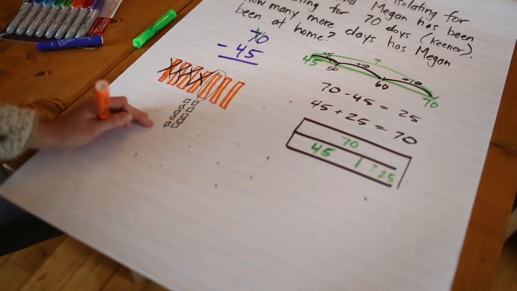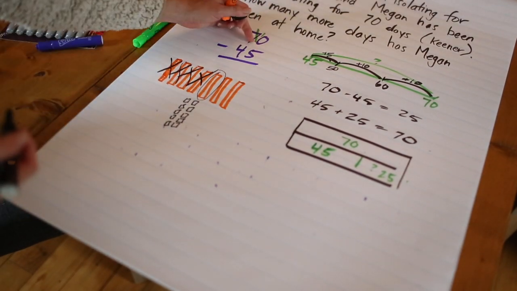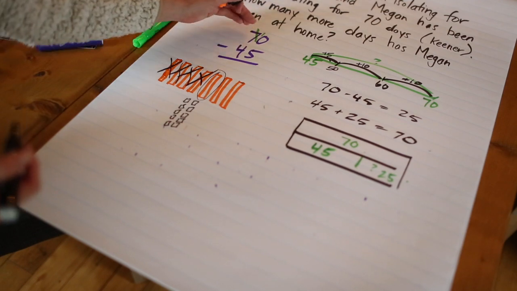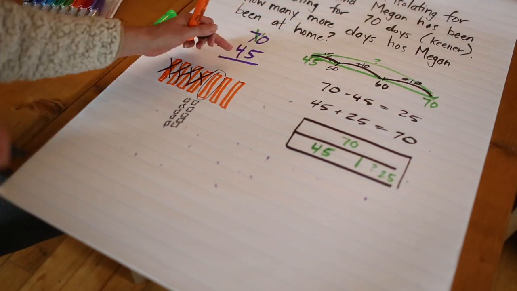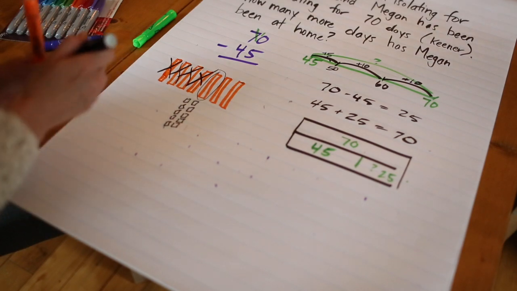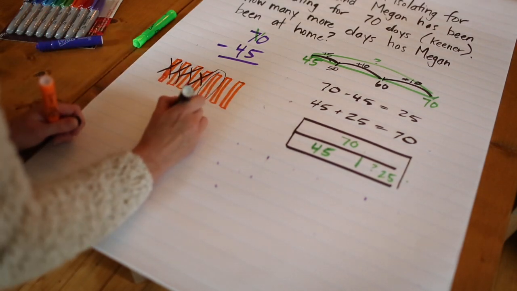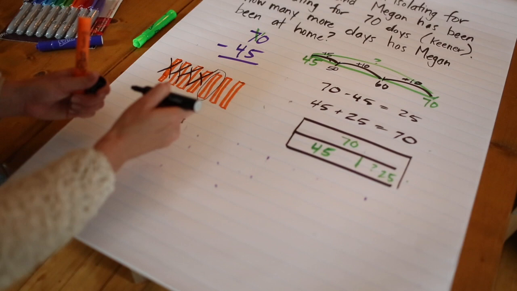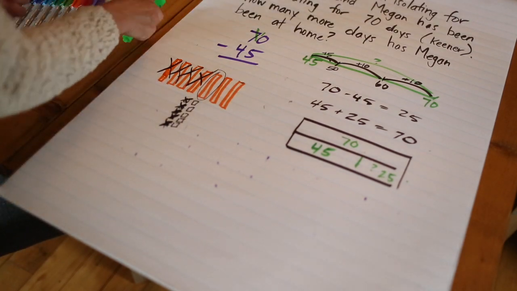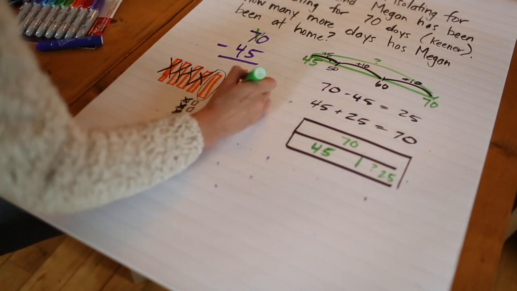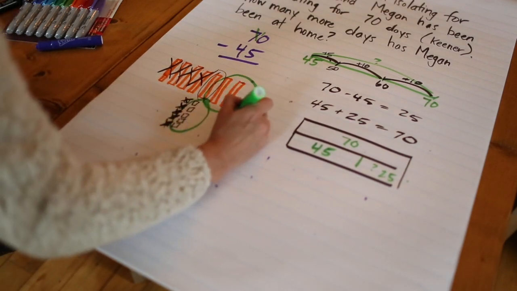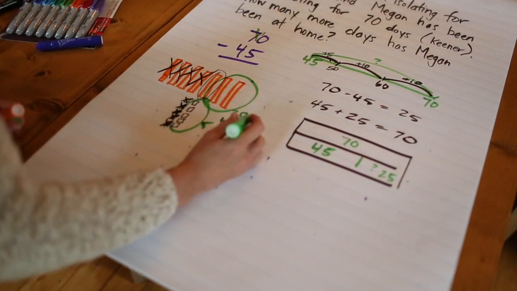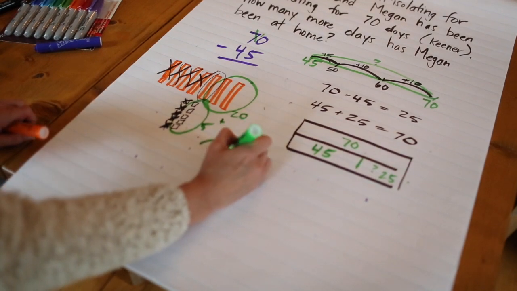Now that it's broken apart into 10 ones, see how I got rid of that? I took one of those away and added it over here to make it 10 ones. Now I can take away 5 from those 10 ones. Okay. And my leftover total is 10, 20, 20 plus 5 to make our 25.